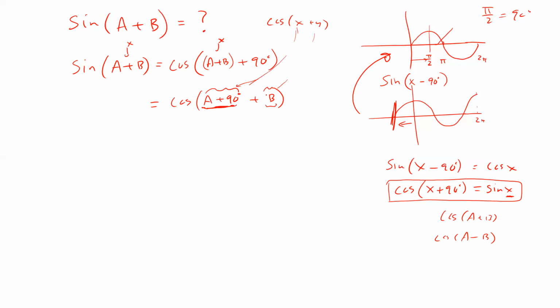Could you just distribute the cosine? So like do cosine of A plus B plus cosine of 90 degrees, or does that not work? Huh, that's interesting. I think that's the question from Monday's class, right? Class, talk to me here. Can you distribute the cosine to here and then to there?